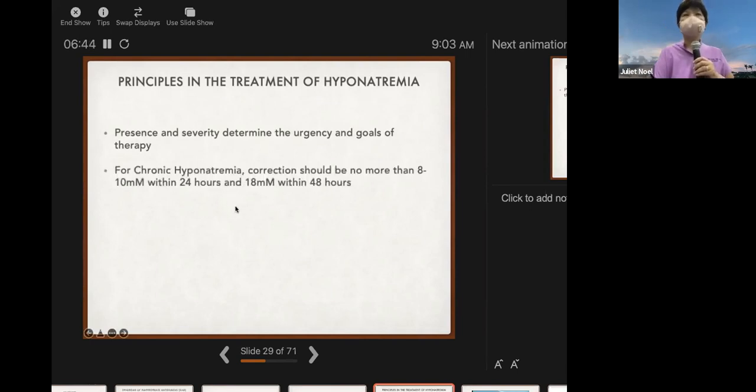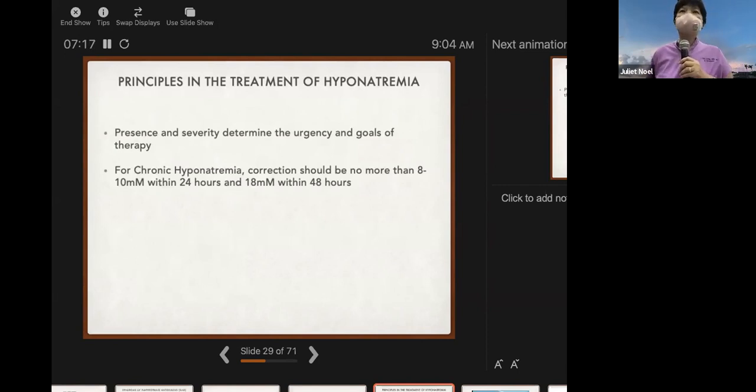For chronic hyponatremia, your goal would be no more than 8 to 10 mEq of correction. So if the patient's sodium was 110, you don't aim to correct it to 138 or 140. In the first 24 hours, your goal is just to get it up by about 8 to 10. Even if it's 110, that's okay. You have it at 115, 118, then gradually correct.